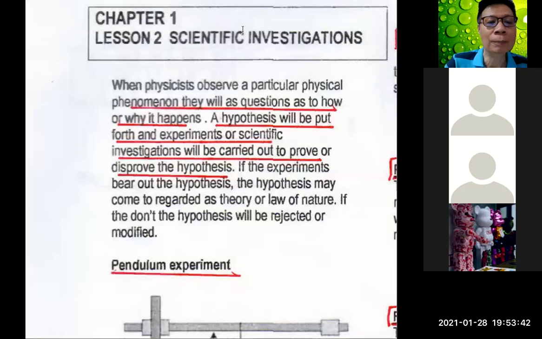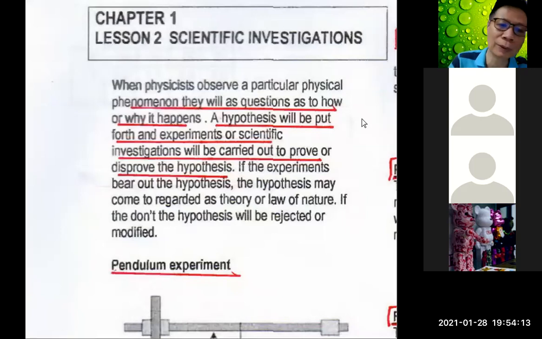Now let's start with the introduction. Why do we need to do experiments? We do experiments to prove things. When you see something happen around you, I'm sure you'll be very curious. Maybe you look into the sky and see a rainbow, every time after rain.